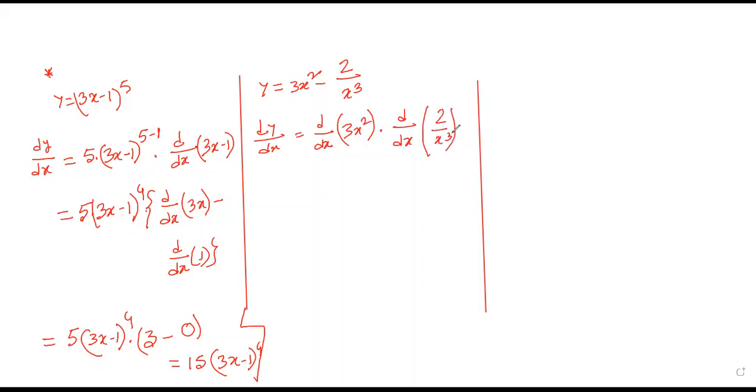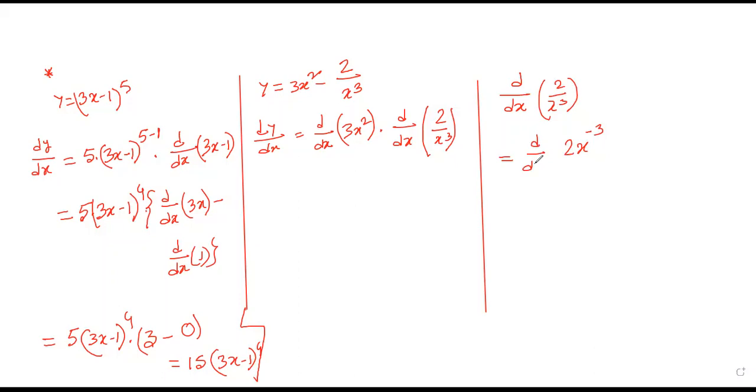Here is a reminder that if you get a fraction like d by dx of 2 by x cubed, then don't differentiate the numerator and denominator separately. First of all, you have to bring the denominator to the numerator, and the power will be minus, so it will be minus 3.